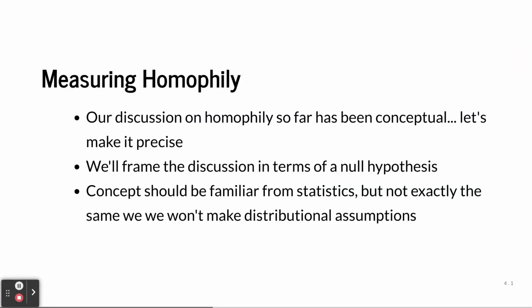So we've been thinking and talking about this notion of homophily and how it means that edges are more likely to form between nodes that are similar along some dimension external to the graph. It's been pretty conceptual so far, but we're about to make it precise. And what we'll do is follow the statistics mindset, and we'll think about forming our idea of diagnosing homophily using the notion of a null hypothesis.